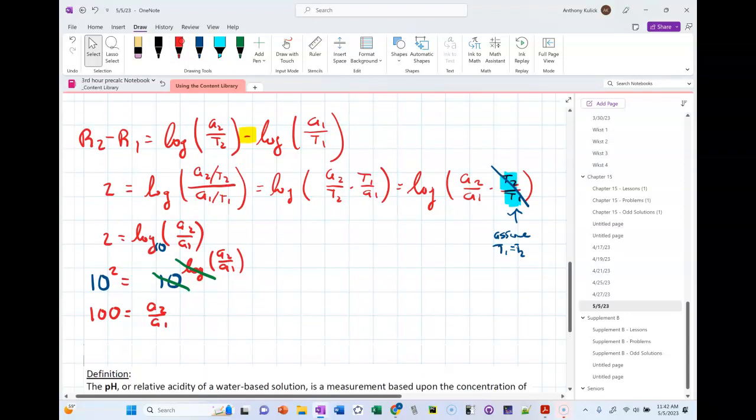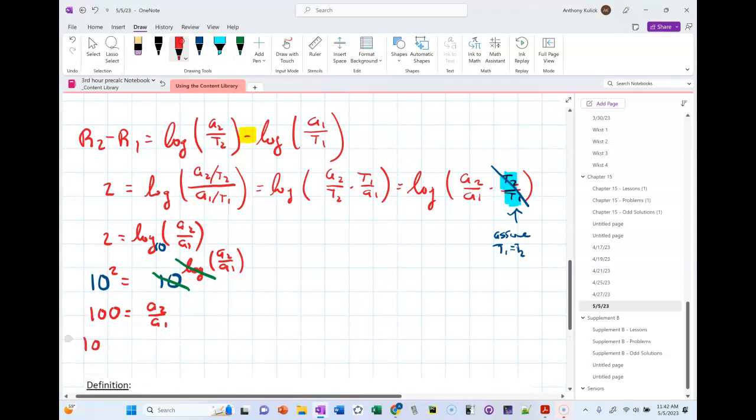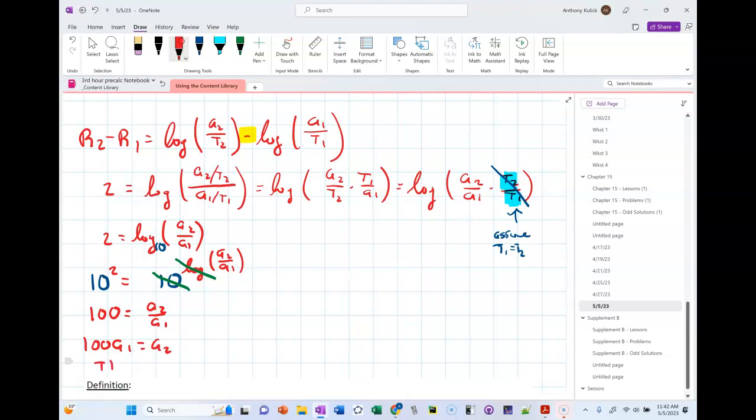And then if I just multiply both sides by A1, we'd say the Chilean earthquake is 100 times more severe than the San Francisco earthquake, since the Chilean amplitude was 100 times the San Francisco one.